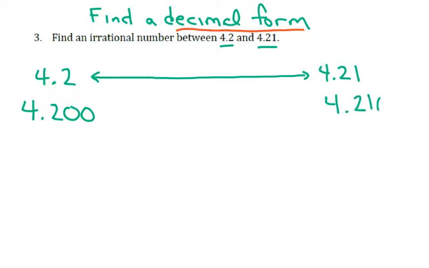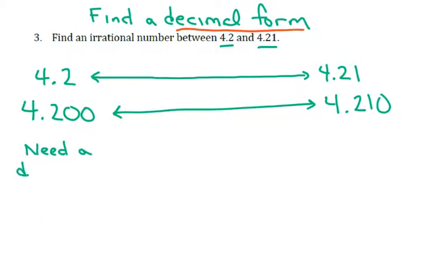Now I can see that these numbers actually are quite far apart. And now I need a decimal that never repeats and goes on forever.